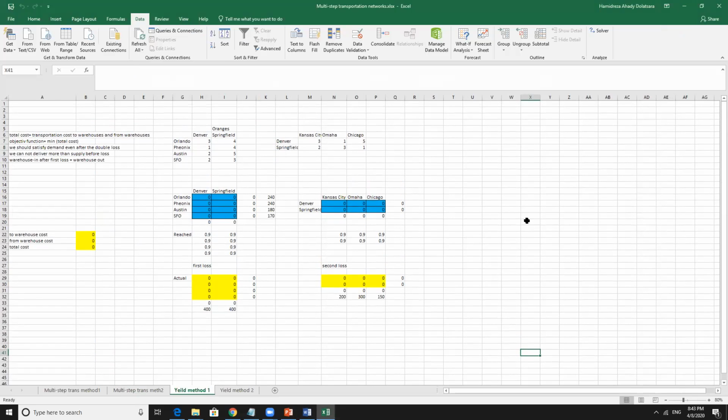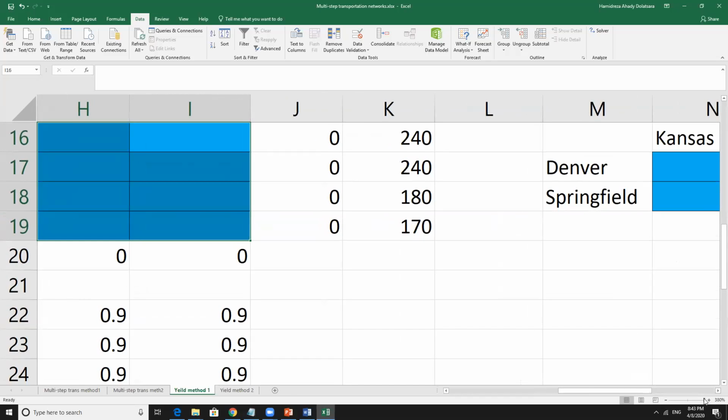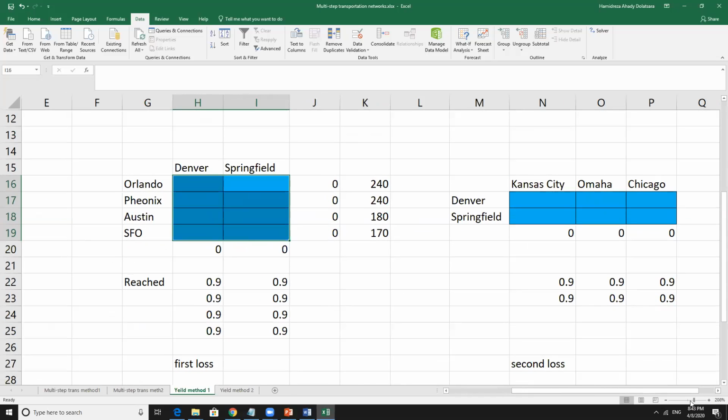As you see, maybe I can just delete these ones, there are some zeros. Let me just make it larger again, not this much.